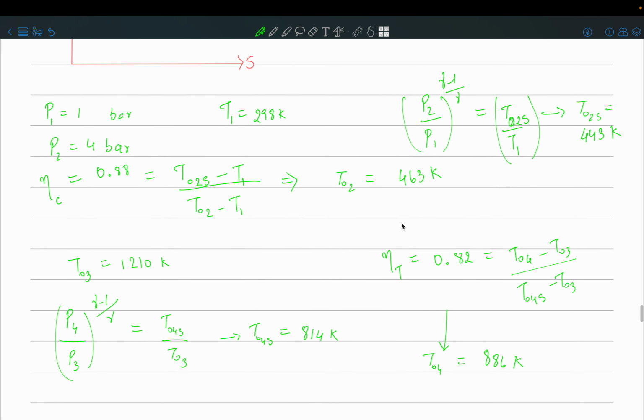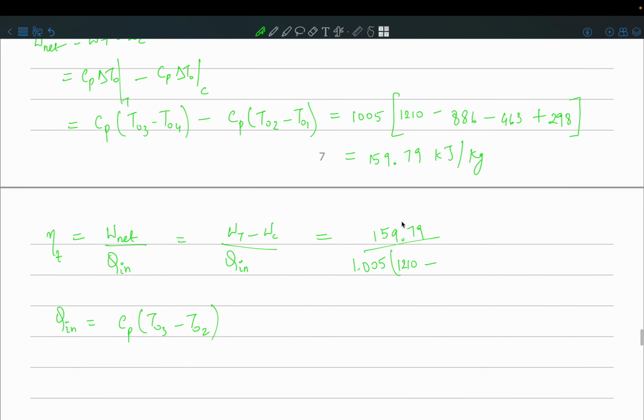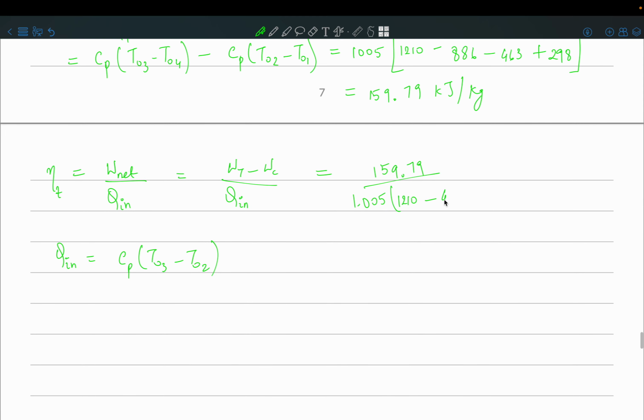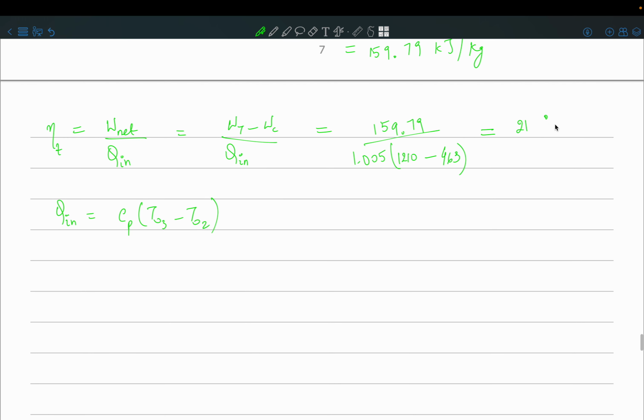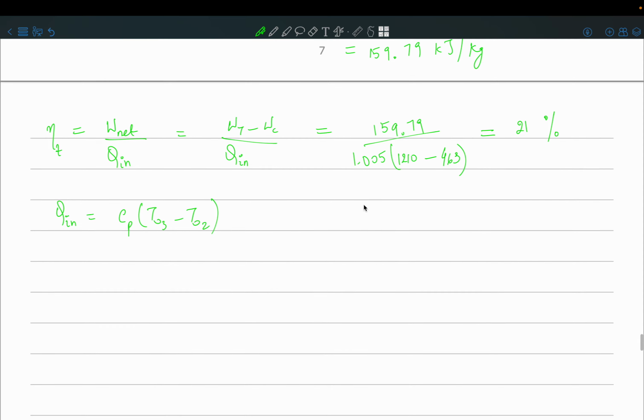So go back, T02 is 463, right? So what is the answer going to be? Yeah, it's 21. So it's approximately 21%. Okay, so thermal efficiency is around 21%. So these are the answers.